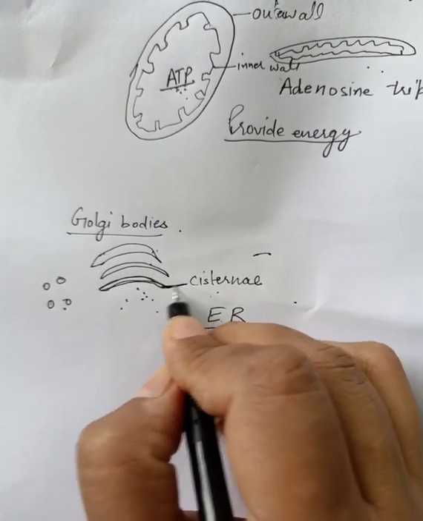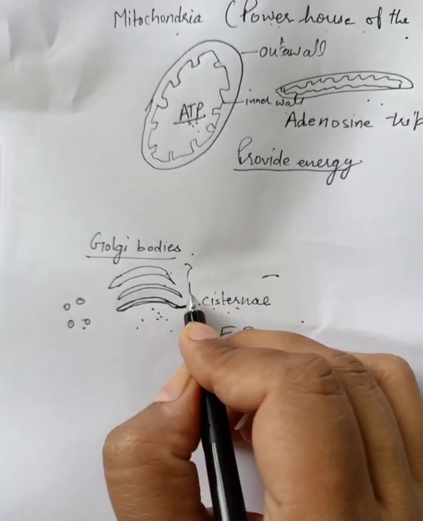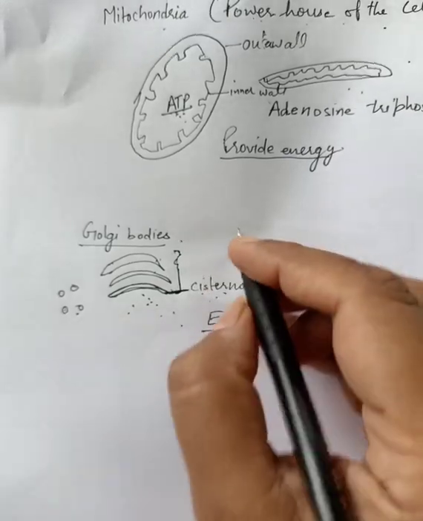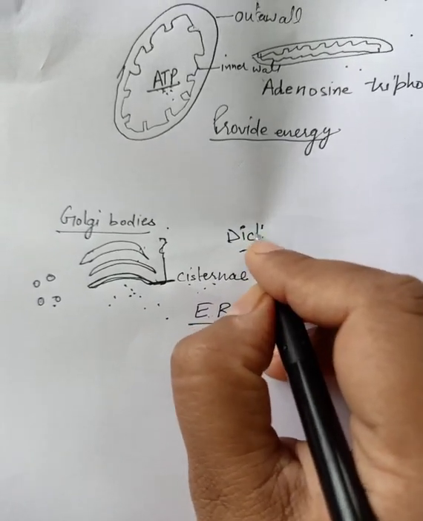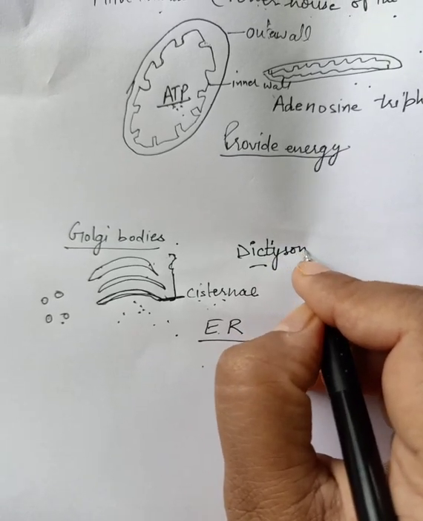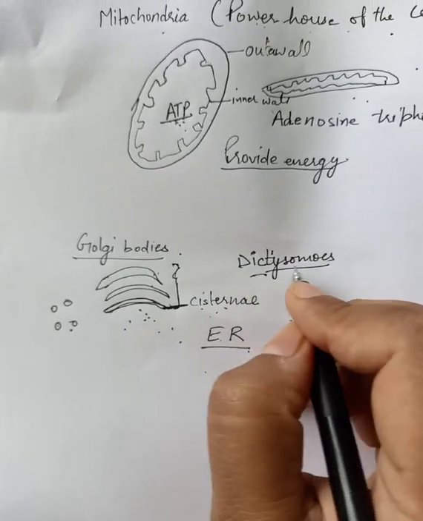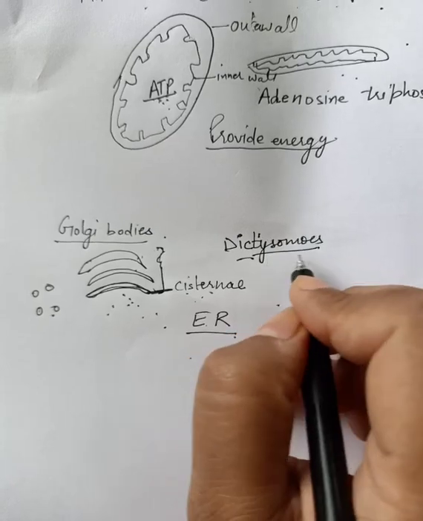If we talk about a single one, then it is a cristini. If we talk about all the cristini together, then it is called dictyosomes. Very important.